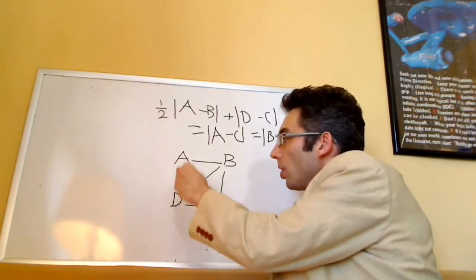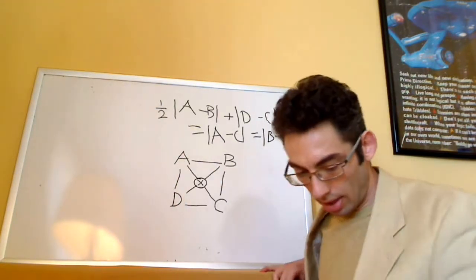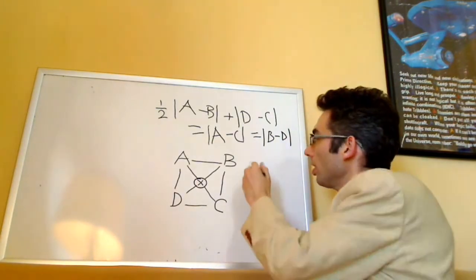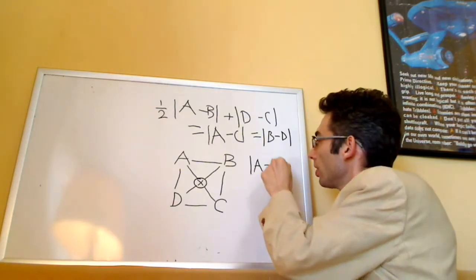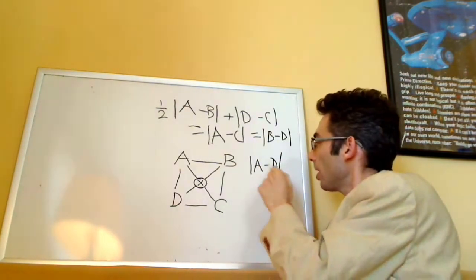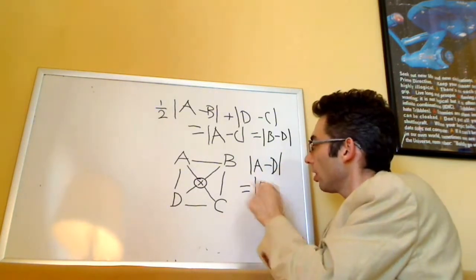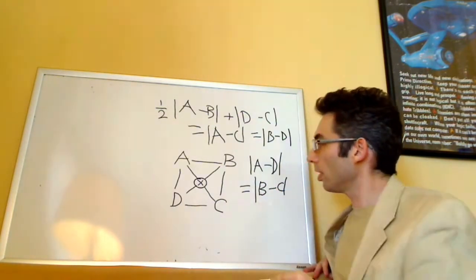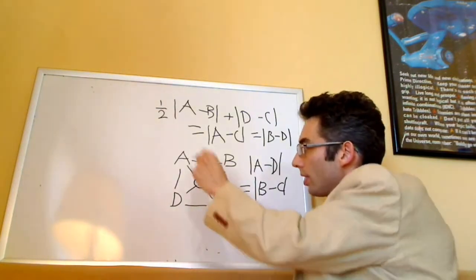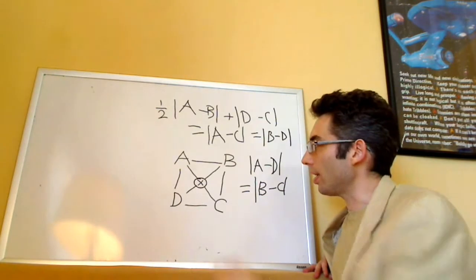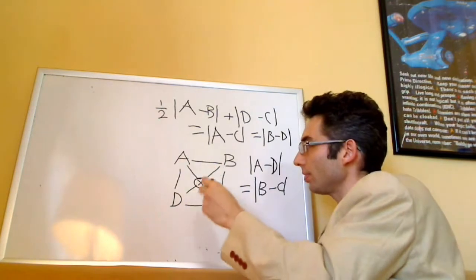And there's also a relationship between AD and BC: the absolute value of A minus D is equal to the absolute value of B minus C. So these sides are the same, and this is the same, and this plus this divided by half is equal to this.